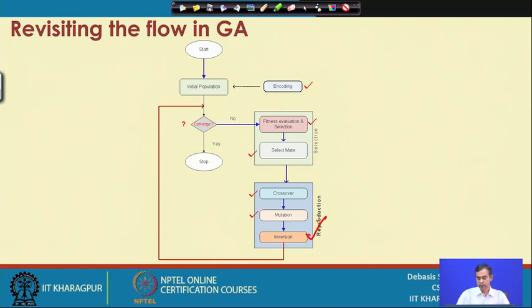Then for these selected chromosomes in the current population, we follow inversion before going to either crossover or mutation. In the binary coded case, inversion changes all zeros to ones and all ones to zeros. This way drastic changes can take place.